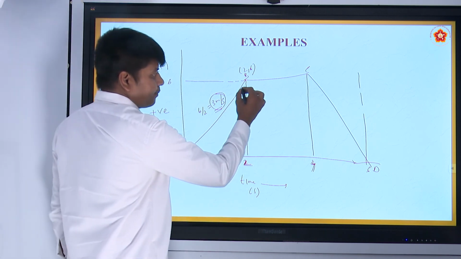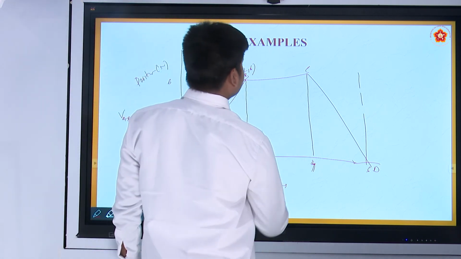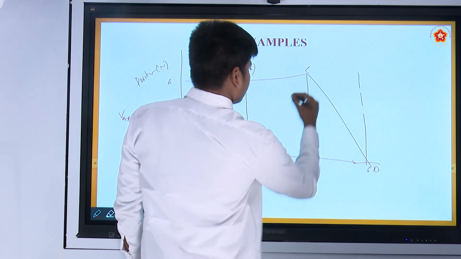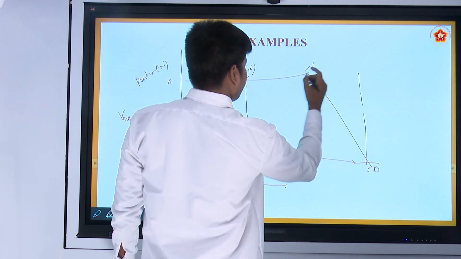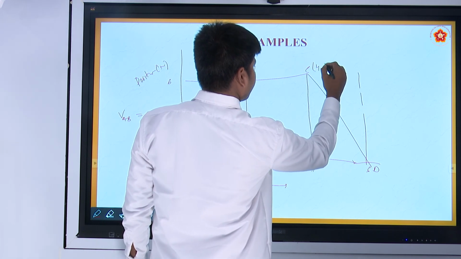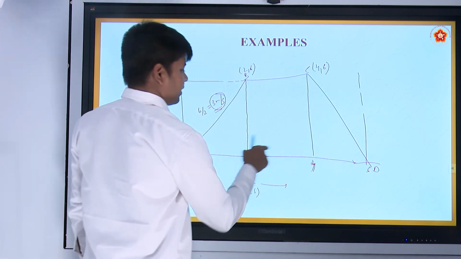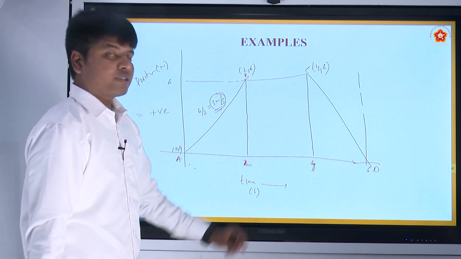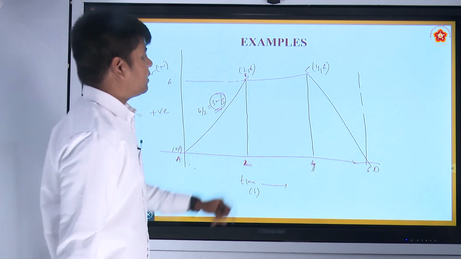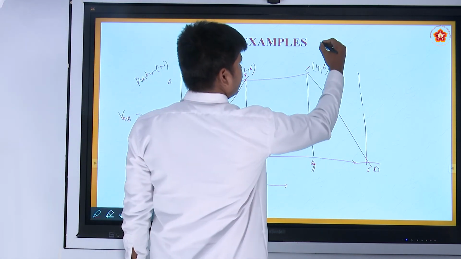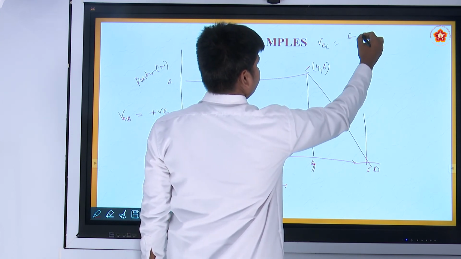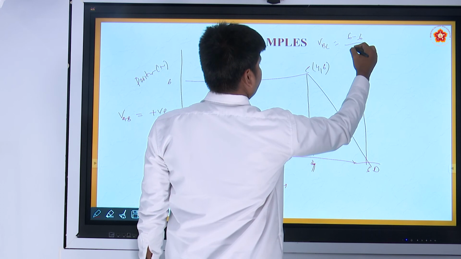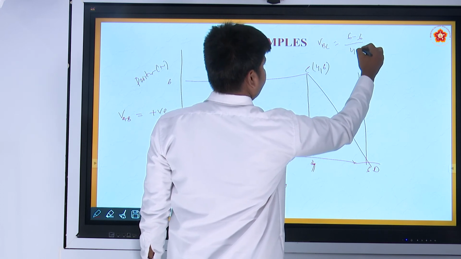Let us see the segment BC. It is the same value of position, and the time has increased from 2 to 4 seconds. So the slope of BC is 6 minus 6 by 4 minus 2.